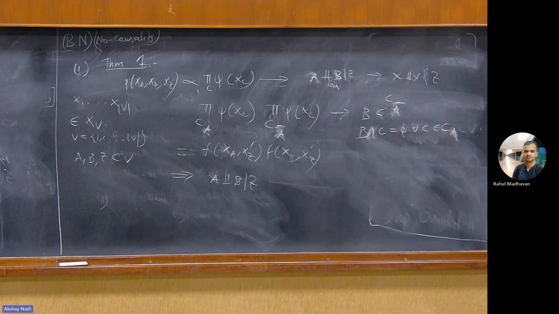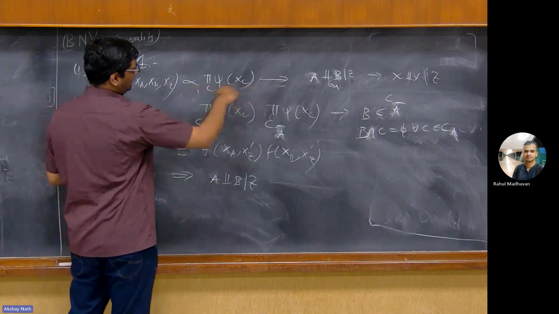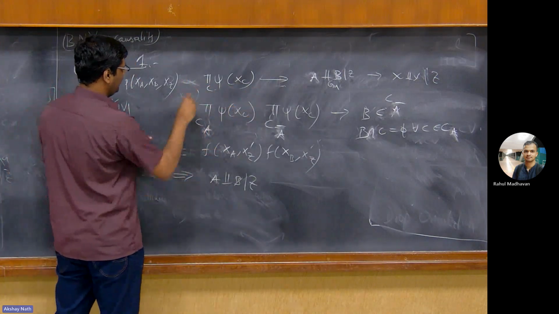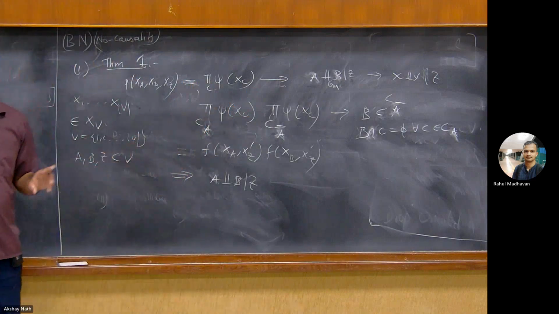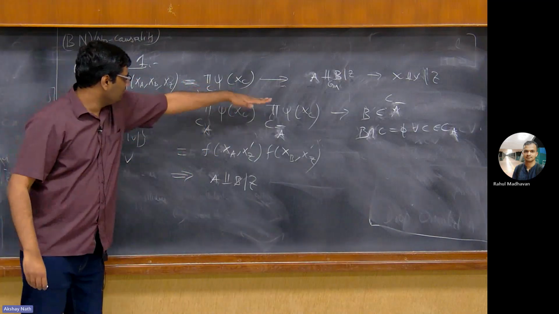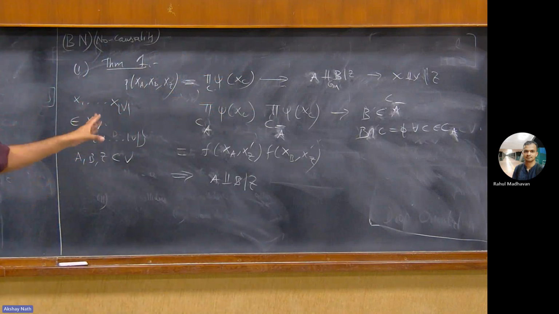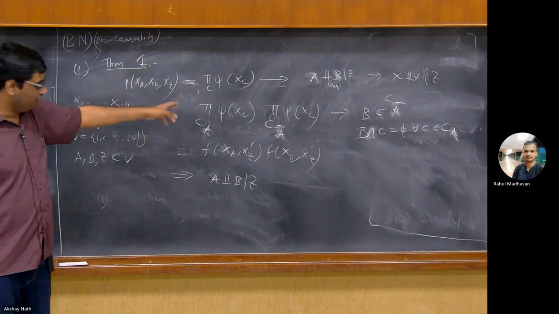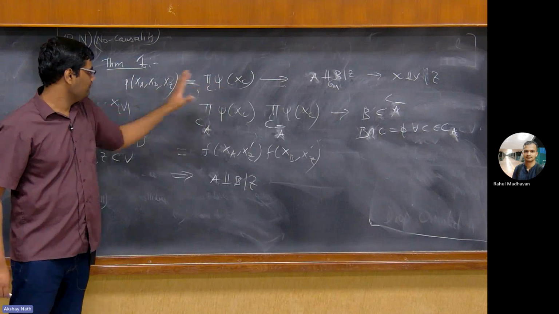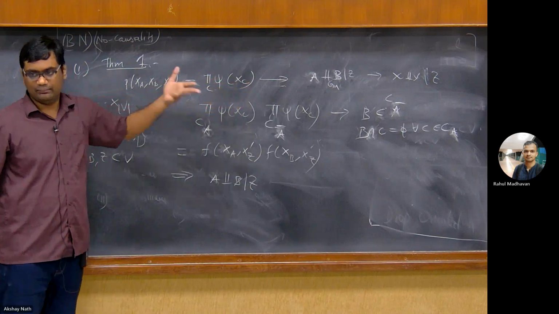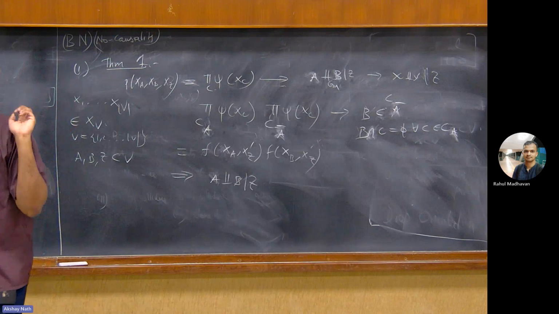Yes. Why is there proportionality instead of equality? Yeah, I mean the normalization constant. I can write it. Usually people do that because you want it to sum to one. You don't need it actually.